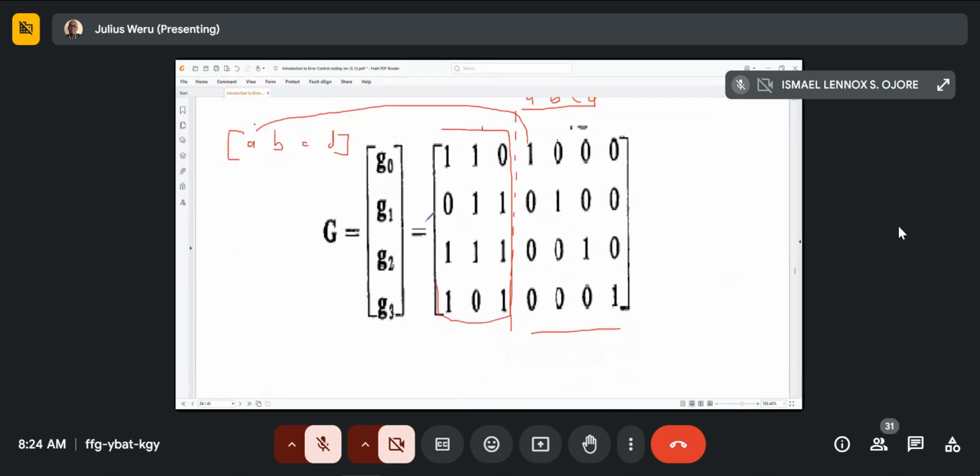What I was trying to tell you is this, so that you don't get confused about linearity and non-linearity. Although these are linearly independent rows, this matrix must have linearly independent rows. It means you cannot create any row by adding two rows.